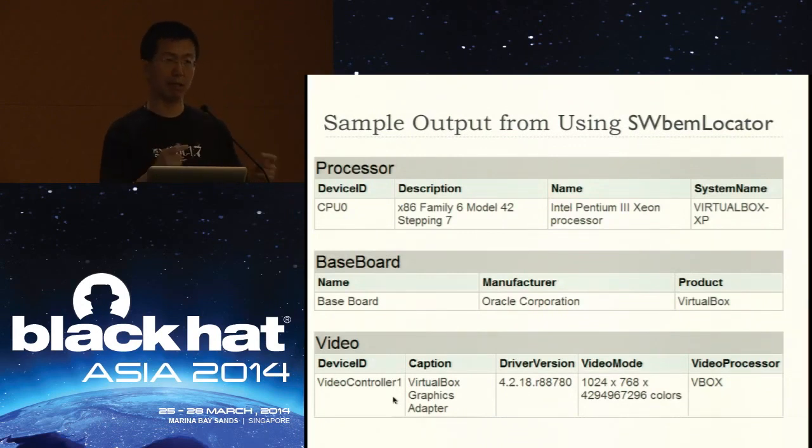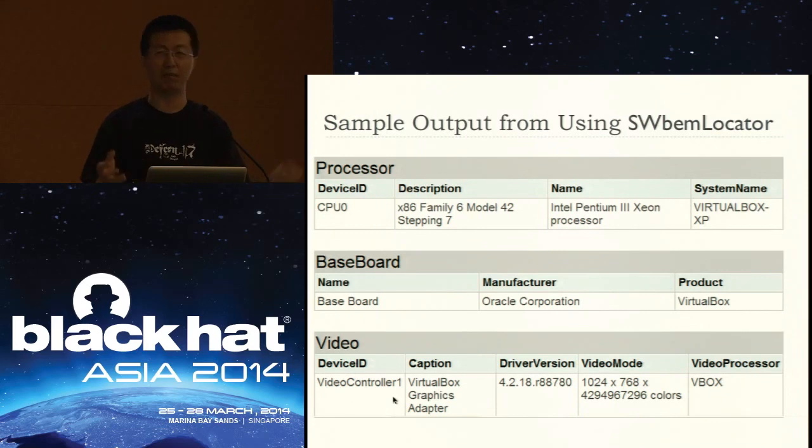We have the ActiveX embedded in a web page and send it to the remote side. If they run it, we are able to grab lots of information. For example, here you can see the CPU ID, the type of board they have, and all the video and graphic display information.